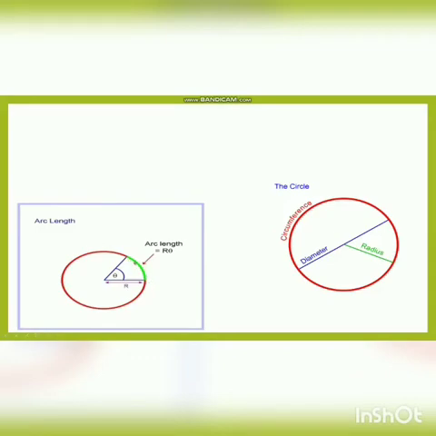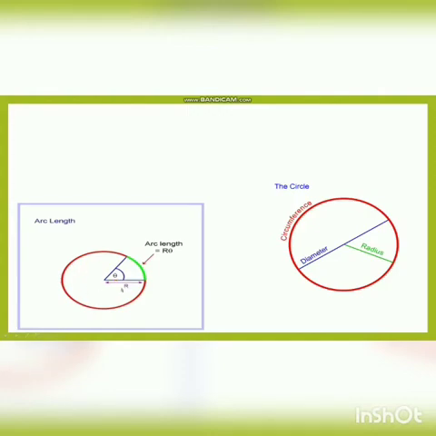The length of this minor arc you should calculate. This theta, the center angle of this circle, is subtended by this given minor arc. To calculate the length of this arc, theta is also a part of this whole 360-degree angle.